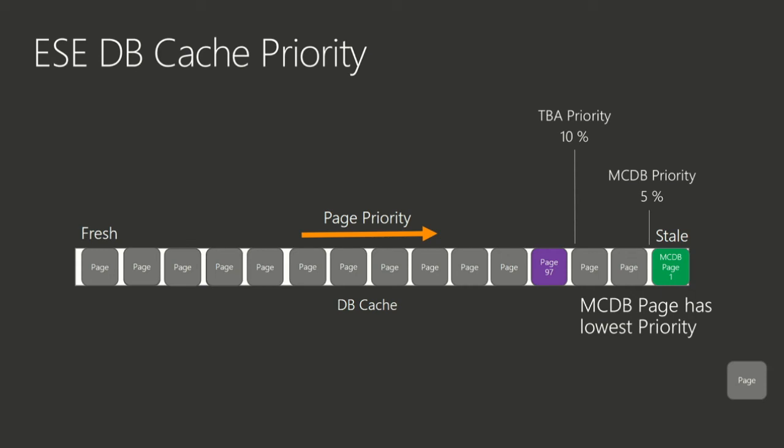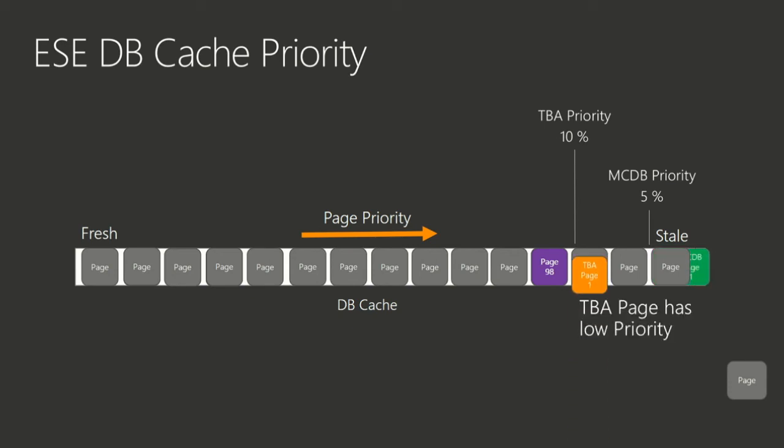So even though he is 1, he gets deprioritized at the very, very end of the queue. He only really stays in the queue for 5% of the time that the entire queue can sustain. So he comes in and he gets to be at the end. And purple page turns 1 year older, so he's 98, and he hasn't actually moved, right?